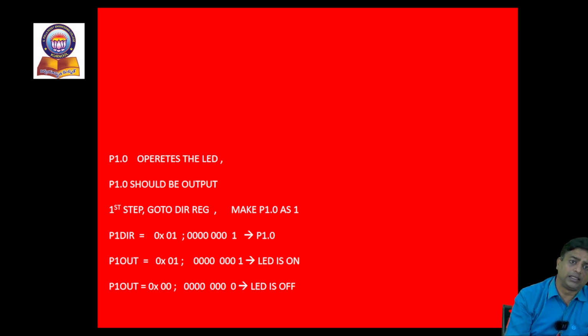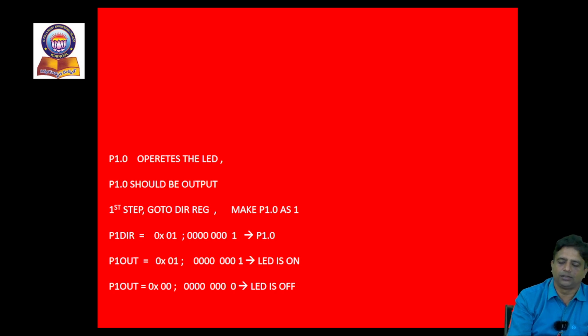So in the arrangement as mentioned, if I want to connect an LED to P1.0, I should first make P1.0 an output pin. The final thing I should do with P1.0 is release a binary 1 from P1.0 to glow the LED. But the previous step we should do is setting, and this setting is made in the DIR register, the direction register.